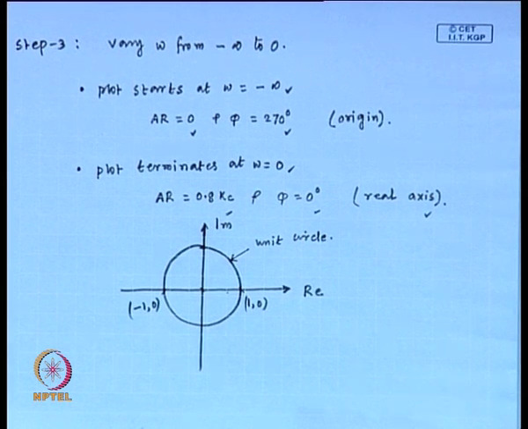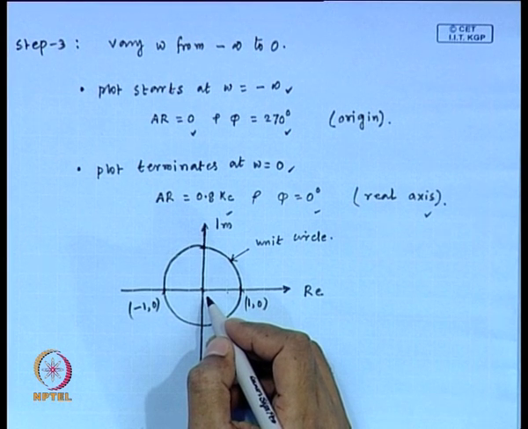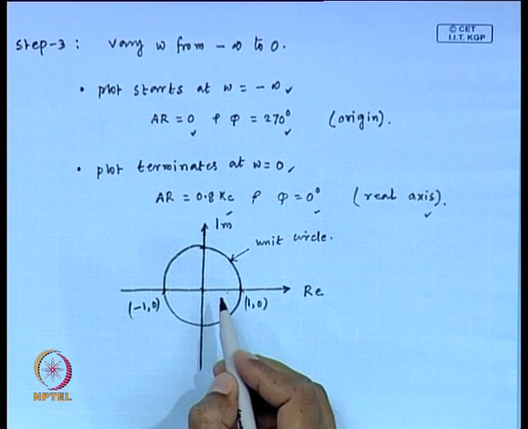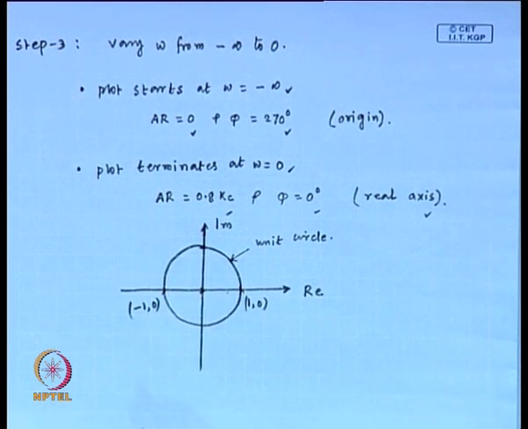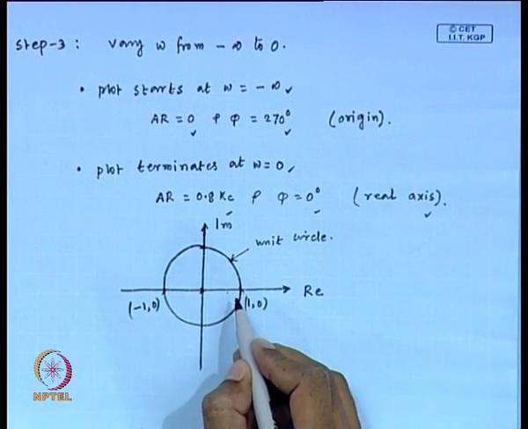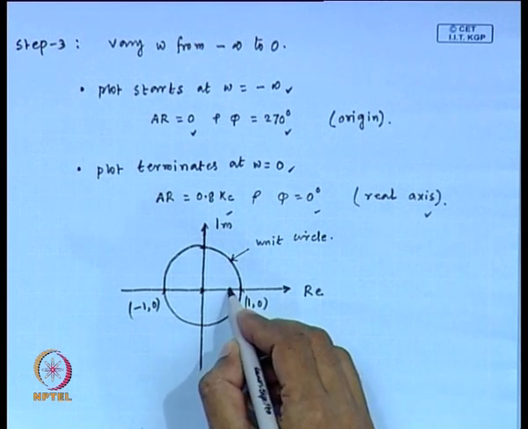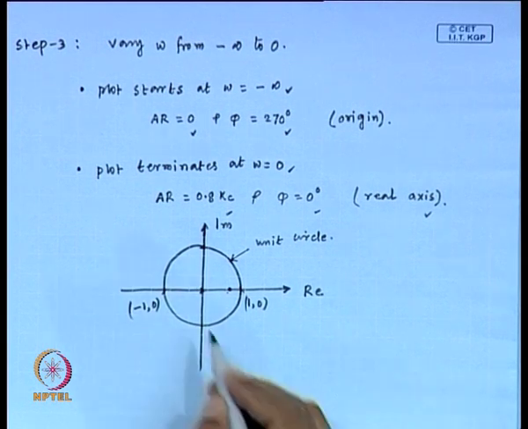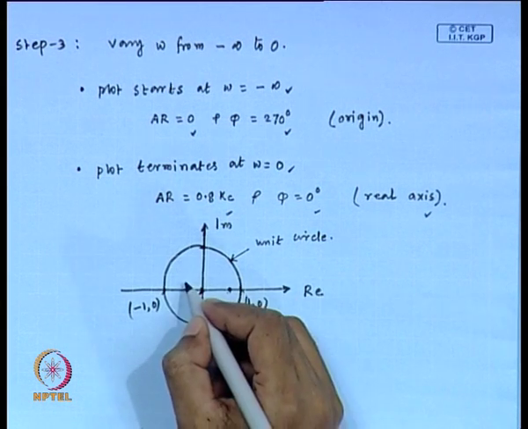So, the plot starts at origin when amplitude ratio is 0 and phi is minus 270, and the plot ends when amplitude ratio is 0.8 Kc and phi is 0. In this case also we will consider Kc 1. So, this is the starting point and this is the end point.